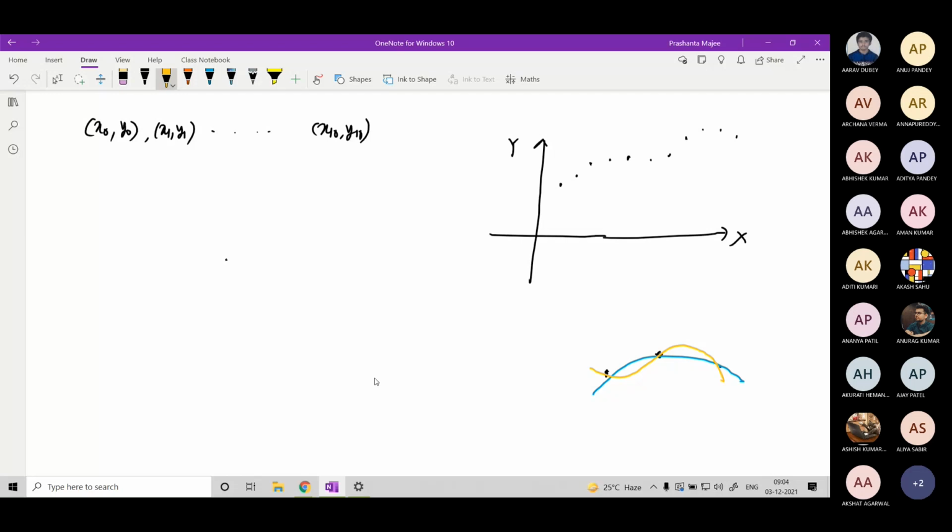So if nothing is mentioned, it is very difficult to analyze because different students will consider different kinds of polynomials.